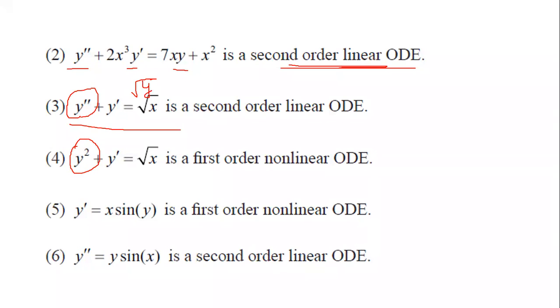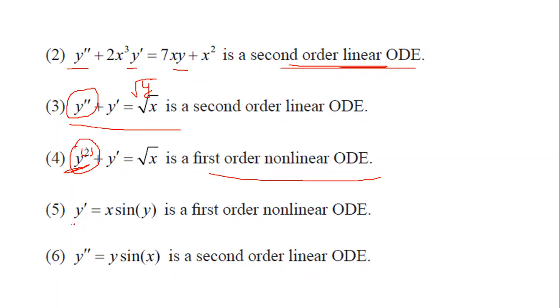Don't confuse y dash with y square. If they write the square in brackets, that means the derivative. If it is not in brackets, then you can take it as the square. In y square plus y dash plus root x, if only y is there, then it is linear. Here y square is there, therefore it is a non-linear ODE.